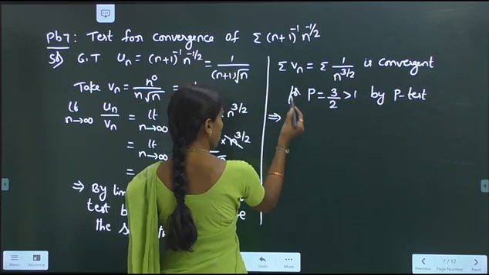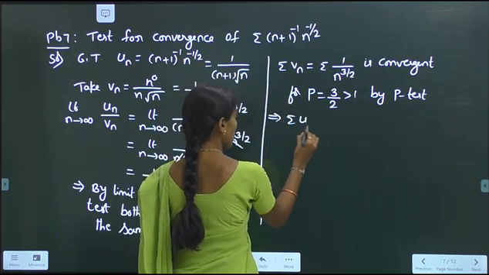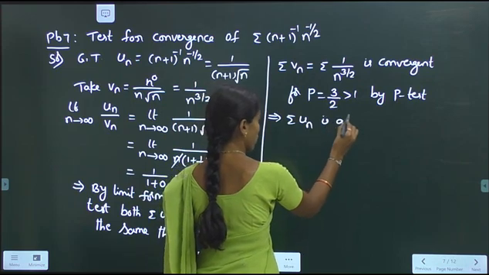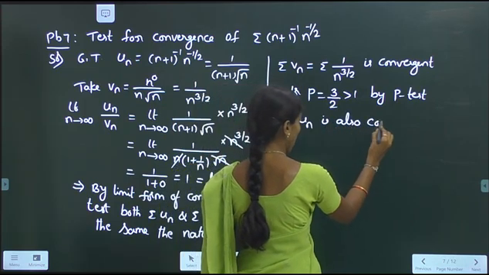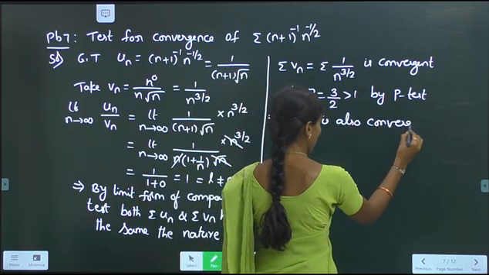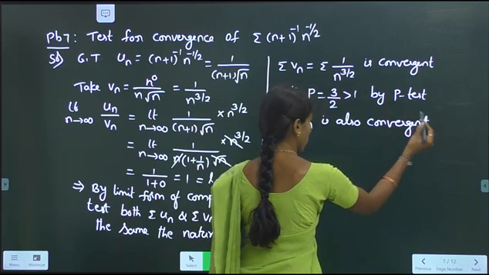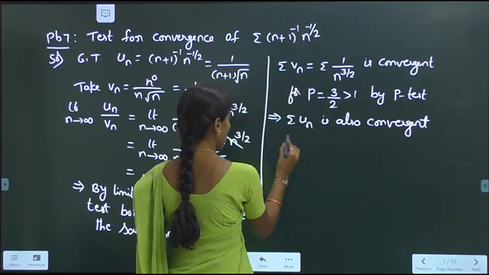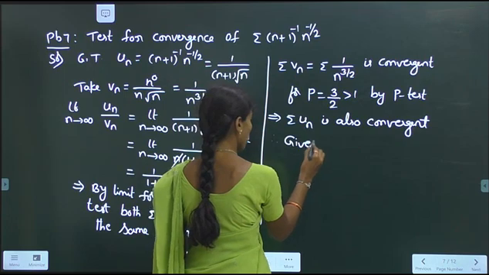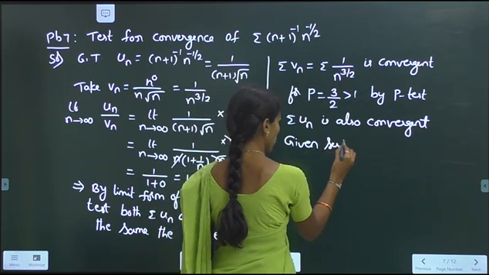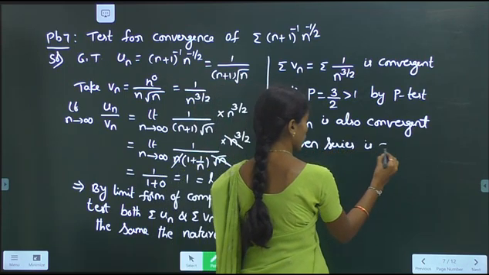Implies summation un is also convergent. Therefore, the given series is convergent.